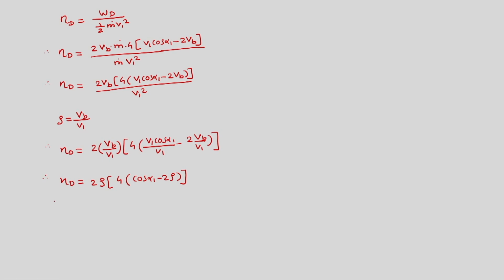Now we know for given alpha 1, diagram efficiency is just a function of rho, and if we differentiate it with rho and equate it to 0, we get 8 cos alpha 1 minus 32 rho equal to 0, and this leads to rho equal to cos alpha by 4, and if we put this into the efficiency, we get diagram efficiency as cos square alpha.